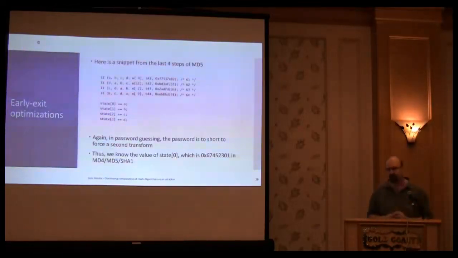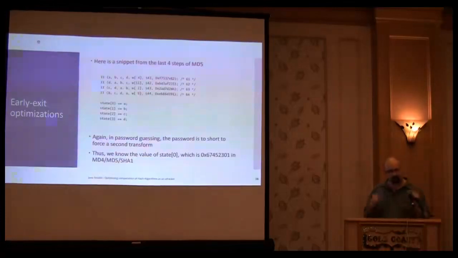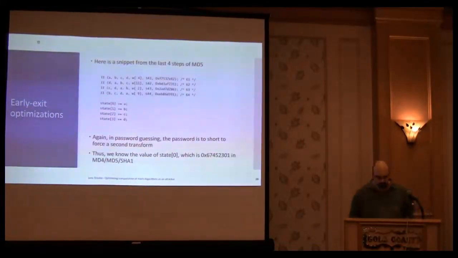Then the last step can also be optimized. The thing is, passwords do not normally exceed a specific length. And if they do not exceed the length 55 for 32-bit algorithms, the method Wang's construct does not apply, and we stay in the first transformation.